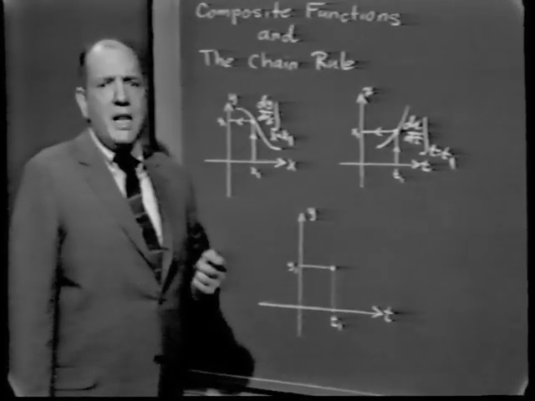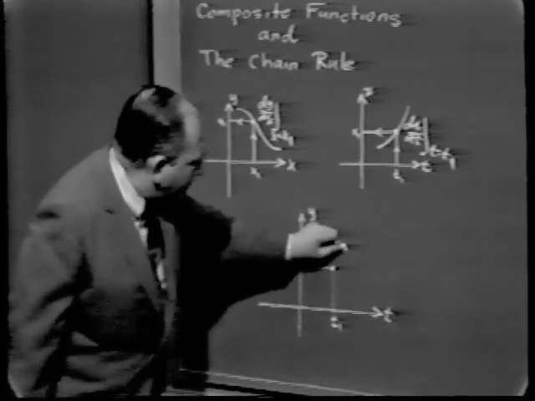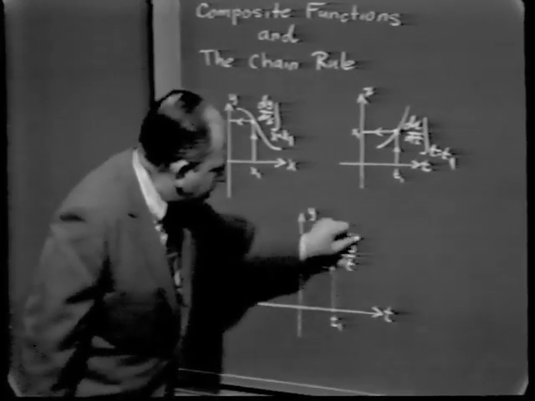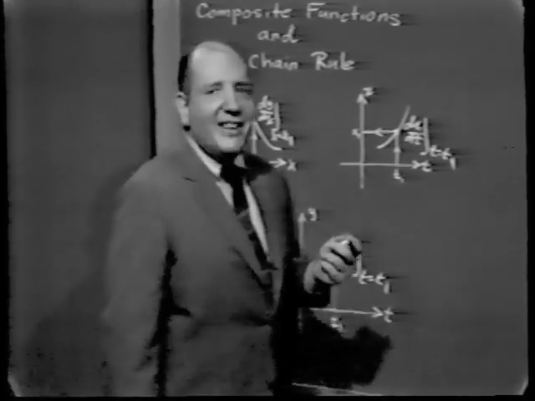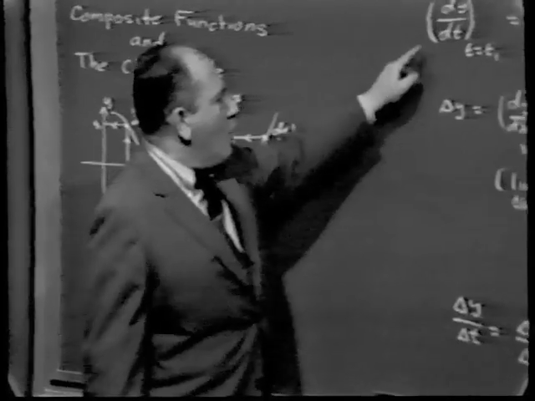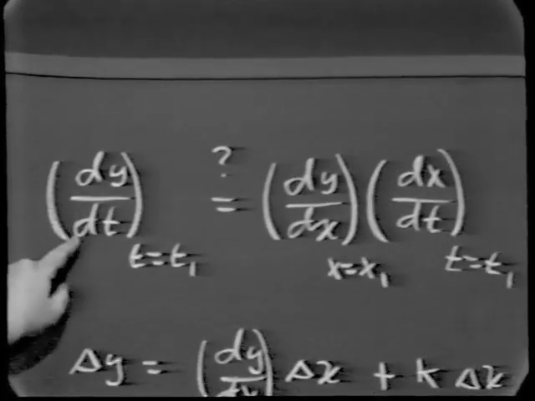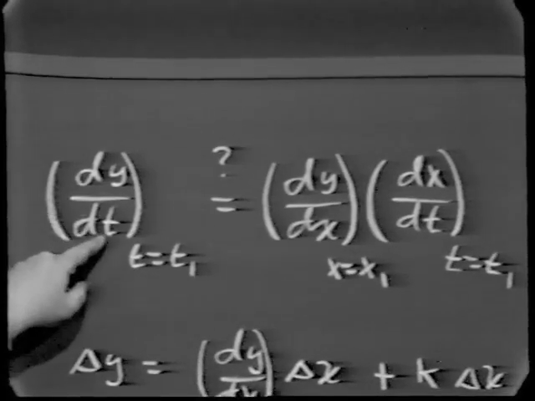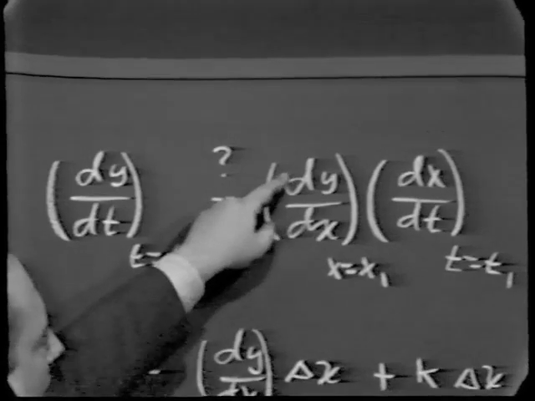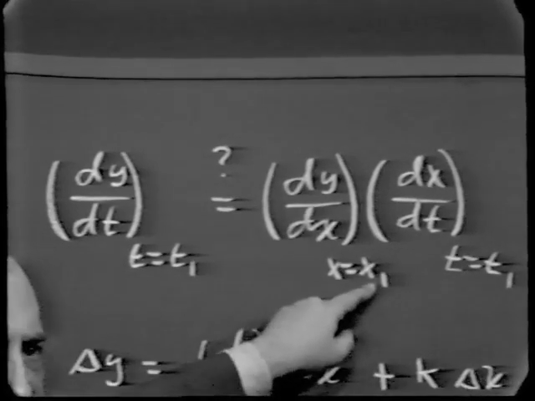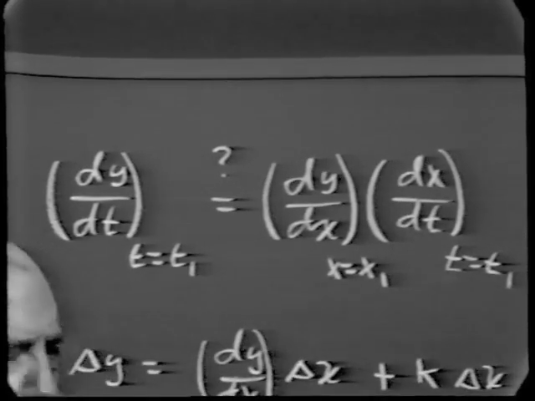But even more to the point, not only do we suspect, for example, that dy/dt exists when t equals t1, but in line with our lecture of last time, we might even begin to suspect, in terms of this fractional notation, that not only does dy/dt exist at t equals t1, but it can be found by multiplying dy/dx evaluated at x equals x1 by dx/dt evaluated at t equals t1.